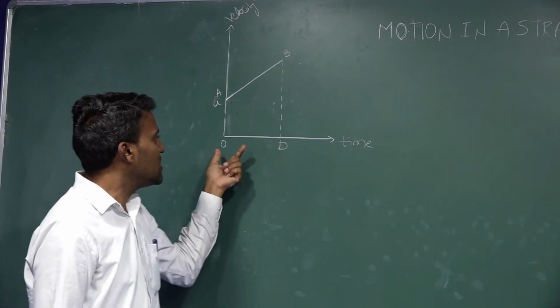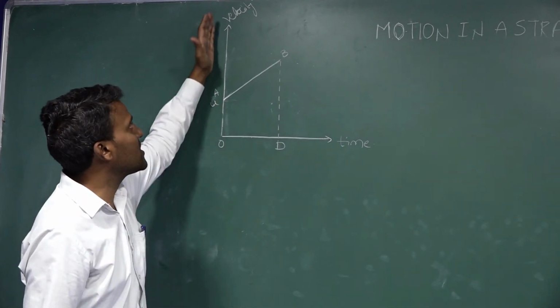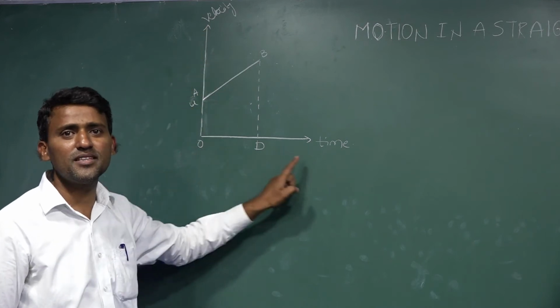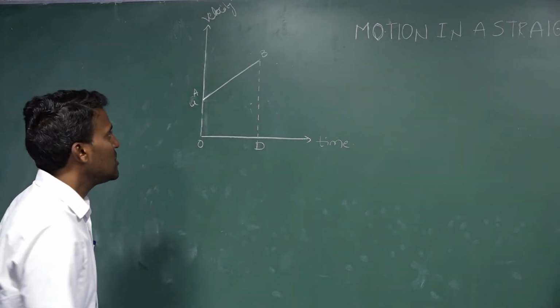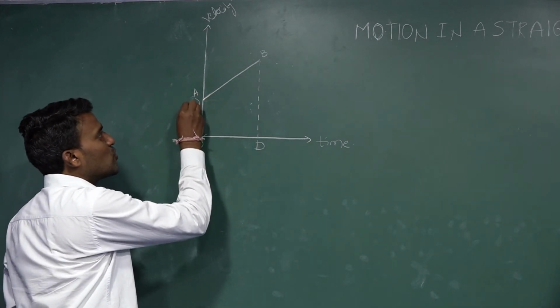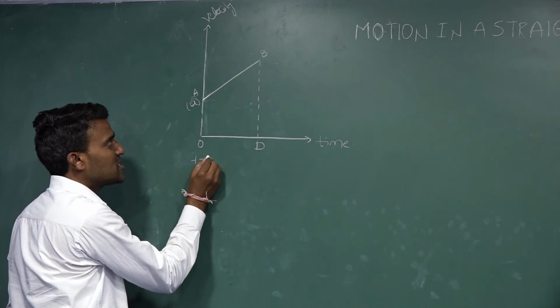Now I am writing: on the x-axis I am taking time, on the y-axis I am taking velocity. In this graph, the object starts with a velocity u when time is equal to 0.